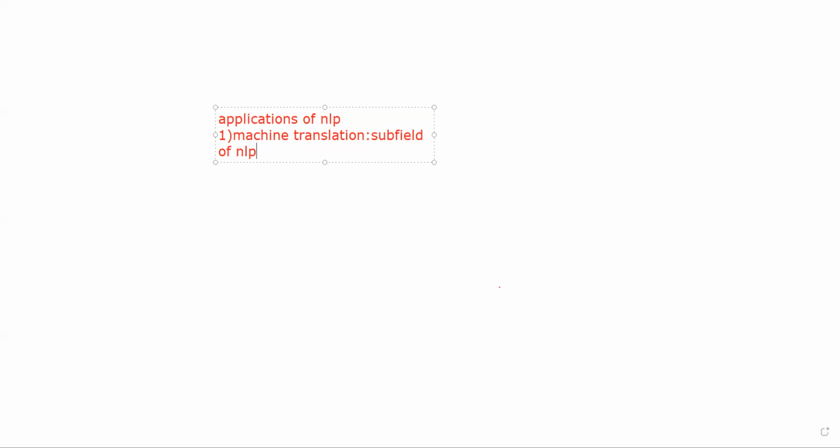Machine translation converts one language to another language.